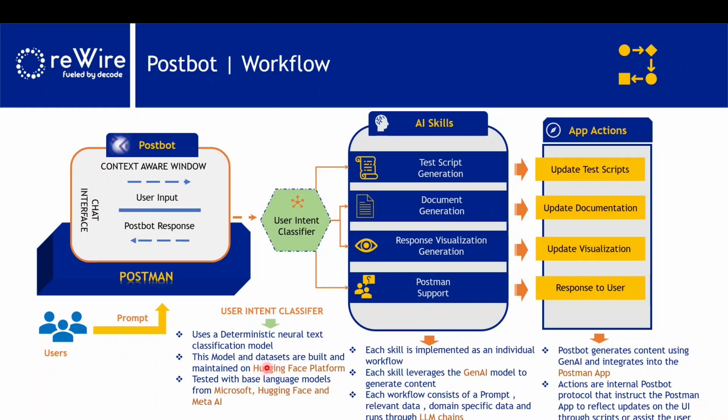Definitely I'm going to publish a few videos on this so that it will be useful when we are working on GenAI assistants. Above that, they test with the base language models from Microsoft, Hugging Face and Meta AI.